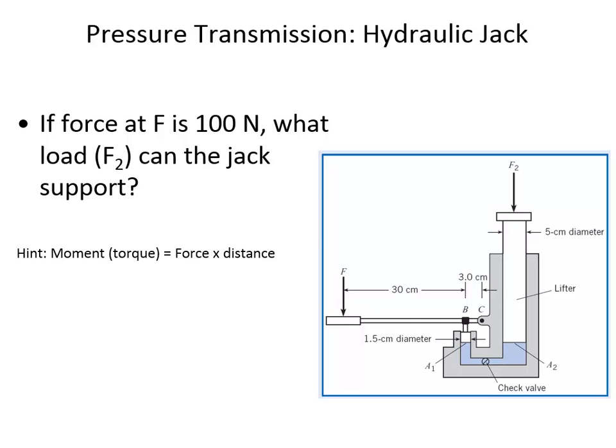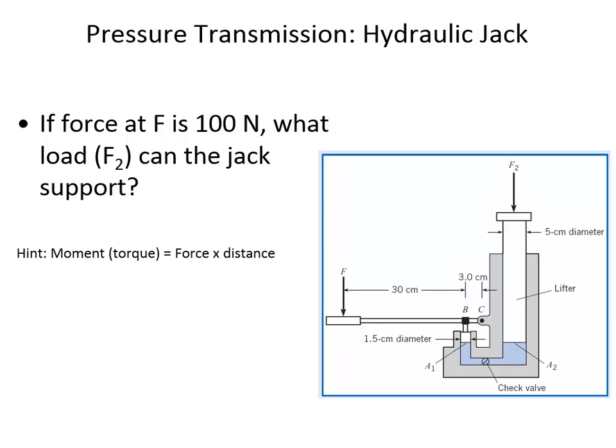So area 2 is 0.019635 square meters. The upward force that it's adding to that lifter is going to be the pressure times the area.